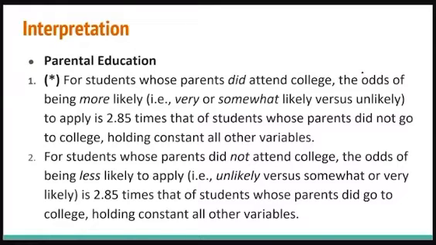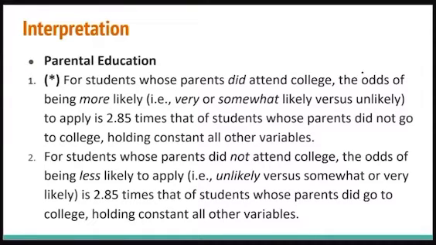When the odds ratio is 1, what happens? It's 50-50, whether the parent goes to college or not. But when the odds ratio is greater than 1, it's saying that when the parent goes to college, that may likely affect the decision of the children to also go to college.